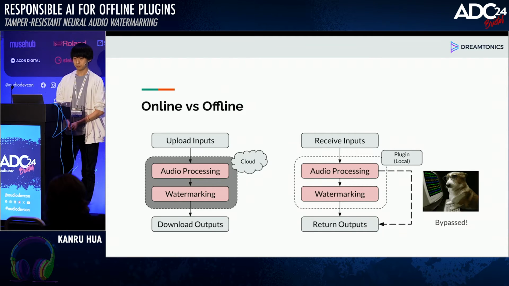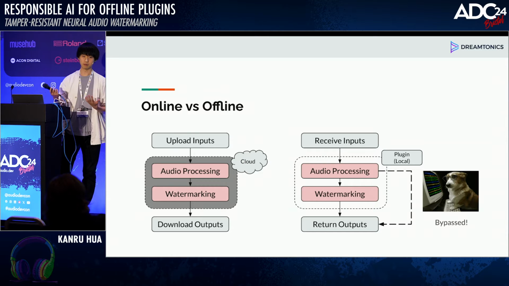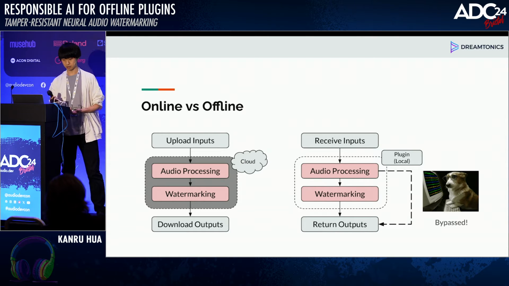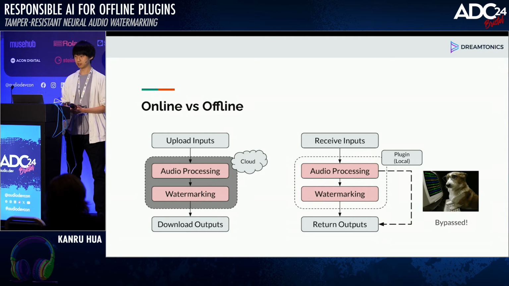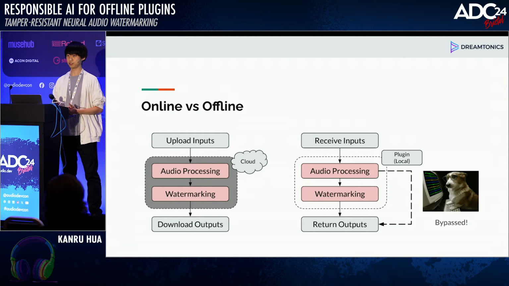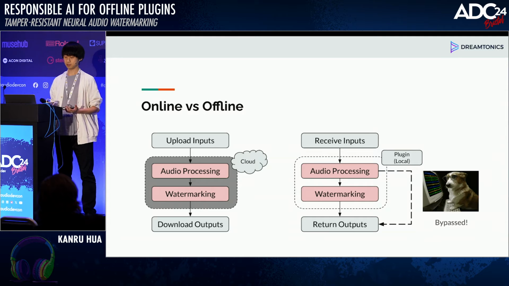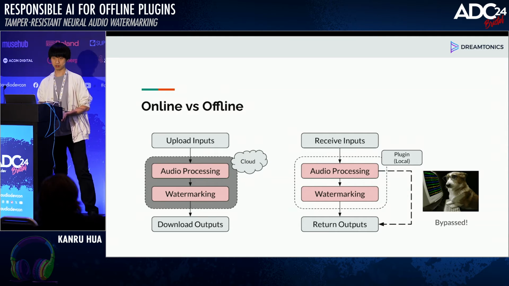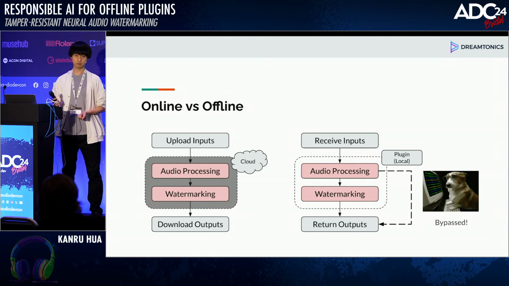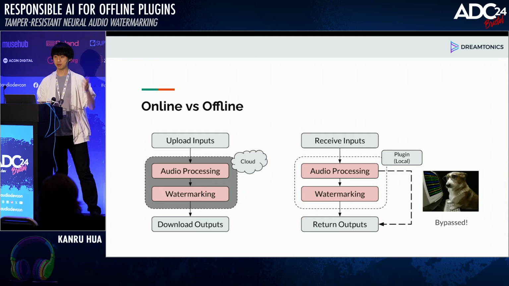But in our case, if you want a real-time effect, it has to run offline to get that latency. And an offline plugin is always accessible to reverse engineering. Given experience, reverse engineering just takes a couple of hours to find out what's going on inside a program and bypass the watermark. And then you're just as good as throwing the software around without a watermark.